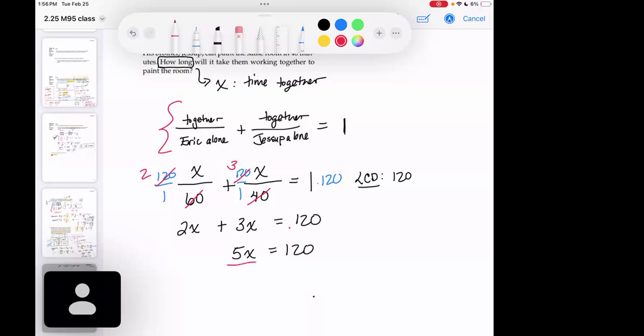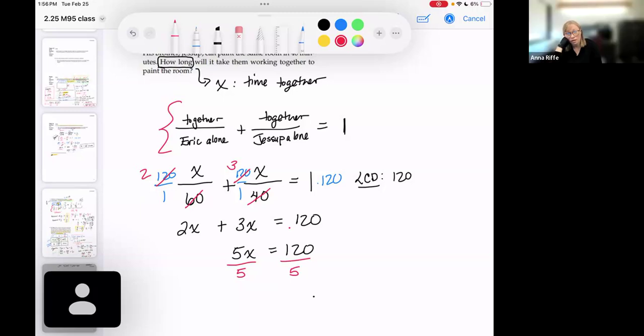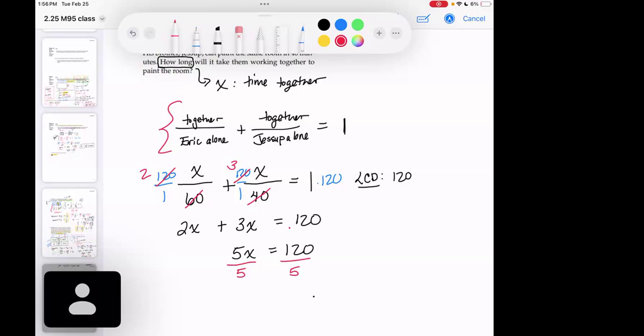Why did you do 120? Because that's the least common denominator. Why would 120 be the least? Because I use 20.